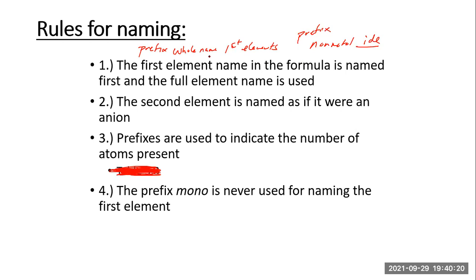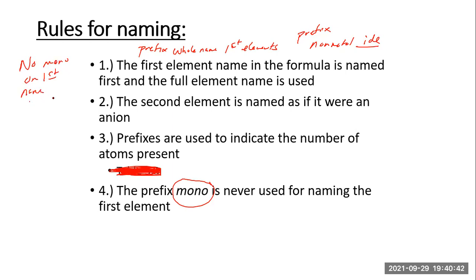So prefix, whole name of the first element, prefix, IDE name of the non-metal. Now, there are a couple of things that are important. First off, we never use mono on the first name. So no mono on first name.